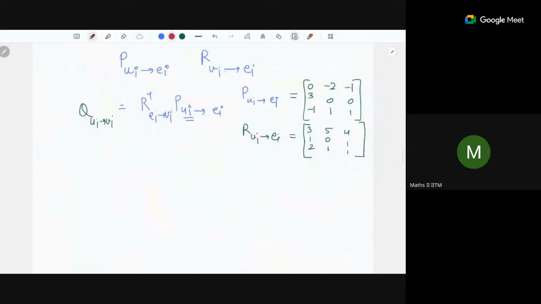So we need to find out R inverse. So what is R inverse?